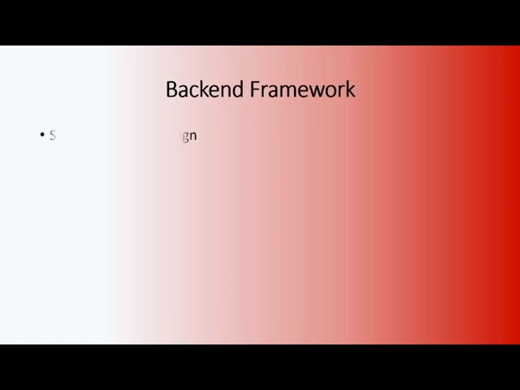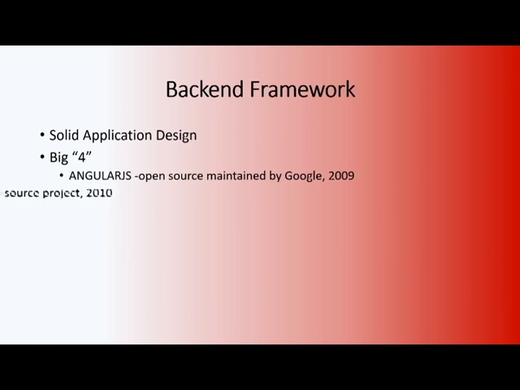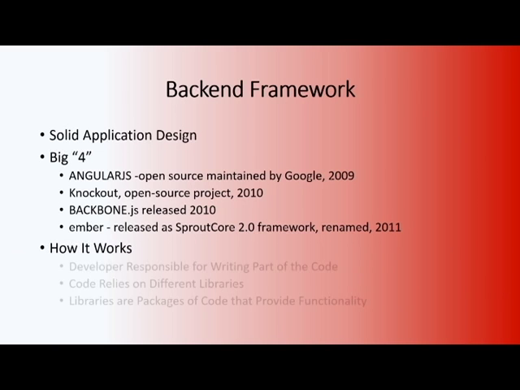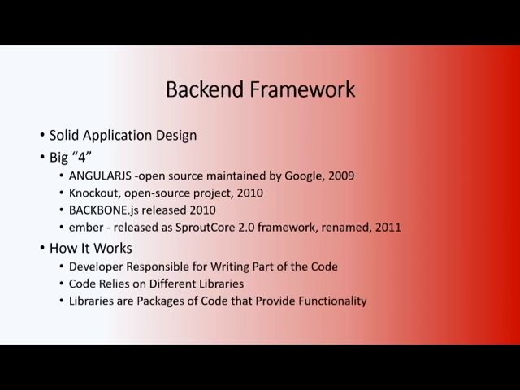What is a JavaScript framework? That question will be put to the test by this analysis. JavaScript frameworks in comparison include Angular, Knockout, Ember, and Backbone. These are the top 4 JavaScript packages in today's HTML5 market. JavaScript frameworks denote that developers are responsible for writing the pieces of code.